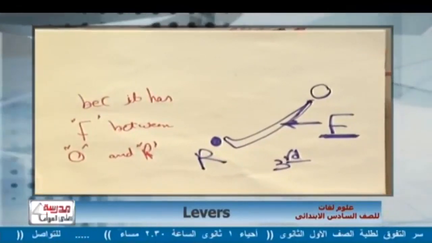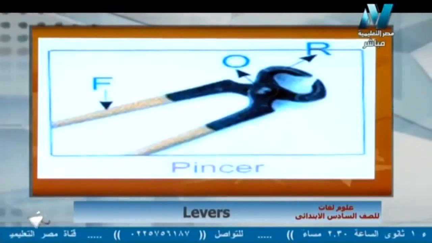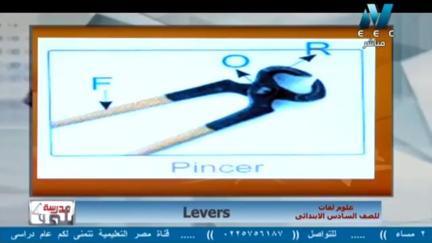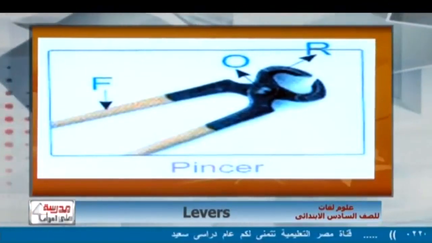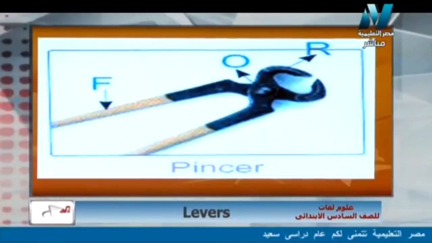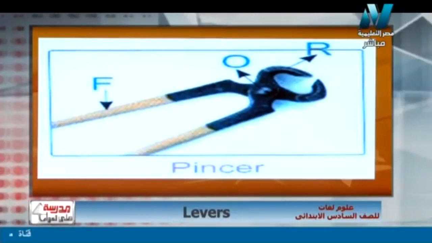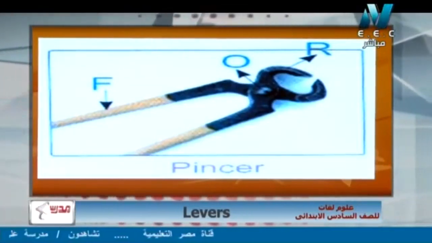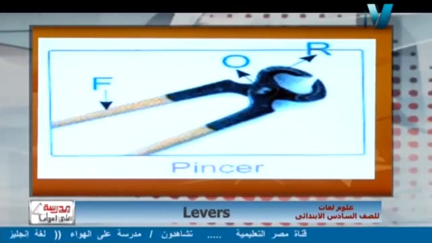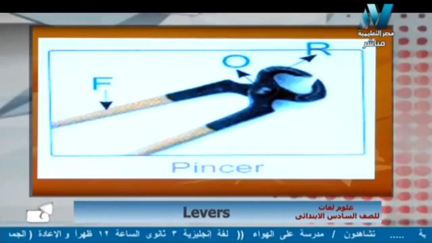Another example, which is the pincers. A very important example is the pincers. Here is the sample drawing. The drawing here is very clear, I don't need to draw it. I have O, the fulcrum, between effort force and resistance, so it will be the first class lever. If the question comes as give reason, I can say the pincers are considered a first class lever.